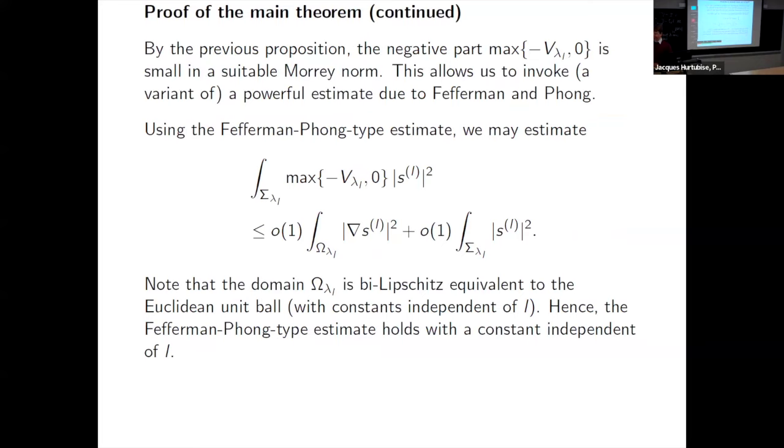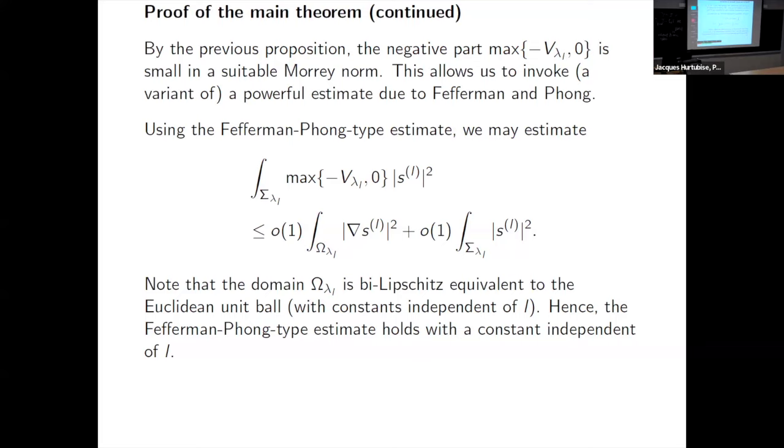And so this uses an estimate in harmonic analysis that was proved by Charlie Fefferman and Phong some 40 years ago. And here's what it says. So assuming you have a potential which has small Morrey norm, then you can control the integral of the potential times norm s squared, basically by a small number times the H1 norm of s.